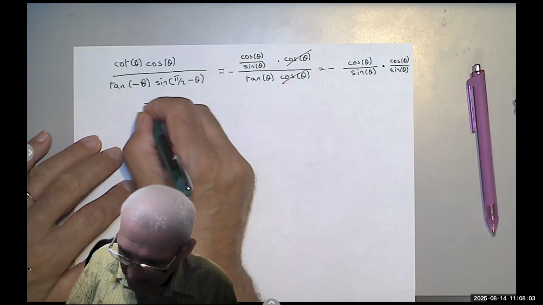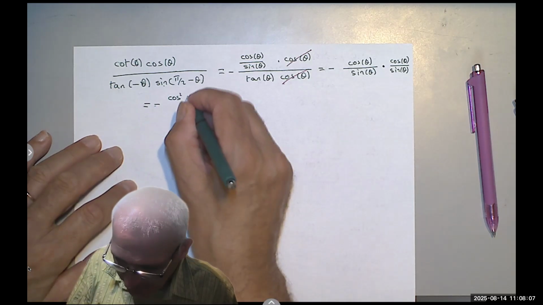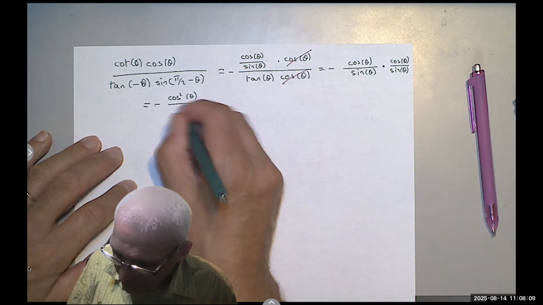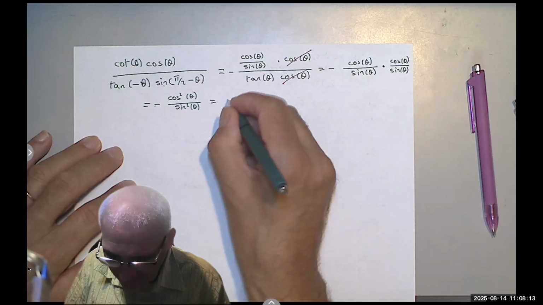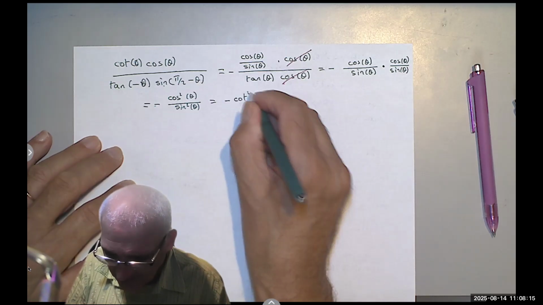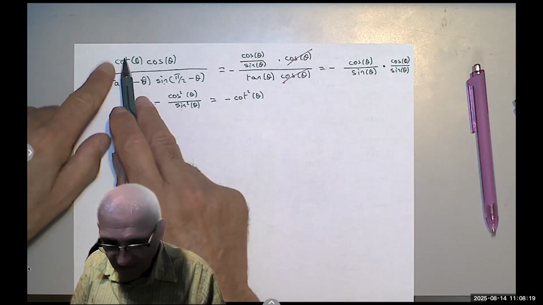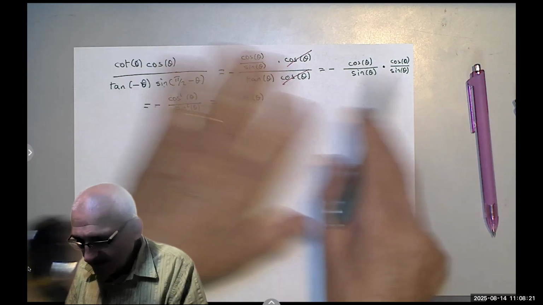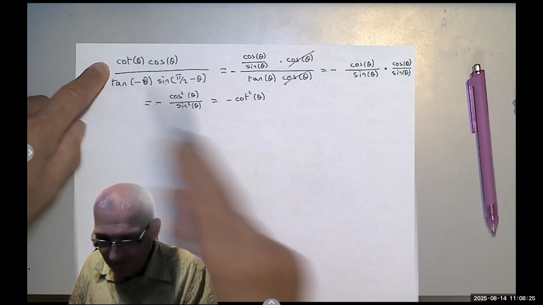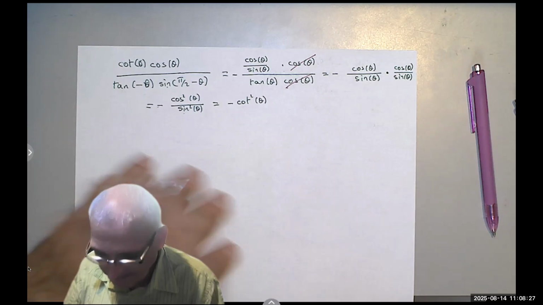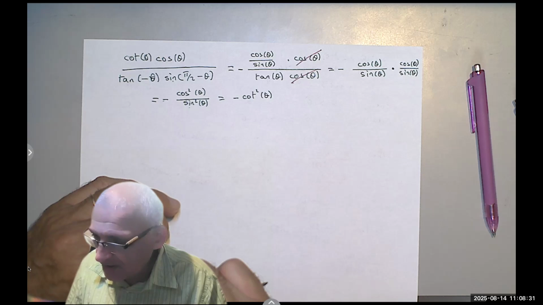So that becomes negative cosine square theta over sine square theta. You can call that negative cotan square theta, right? Because cosine over sine. So we started with cotan and tan, and we ended up with cotan square at the end, but with a negative sign in between.